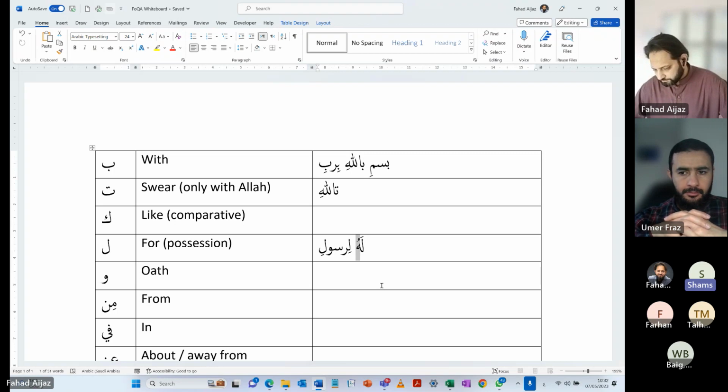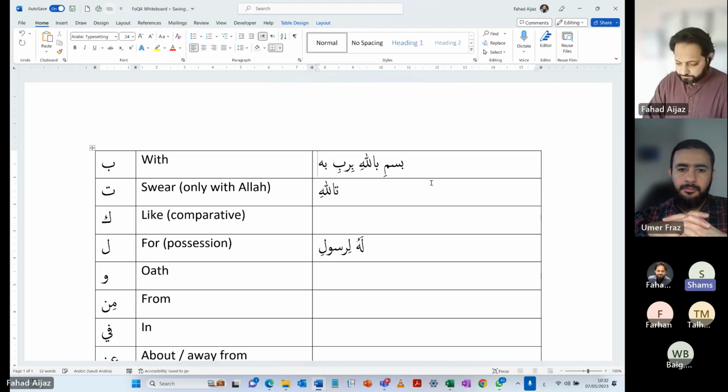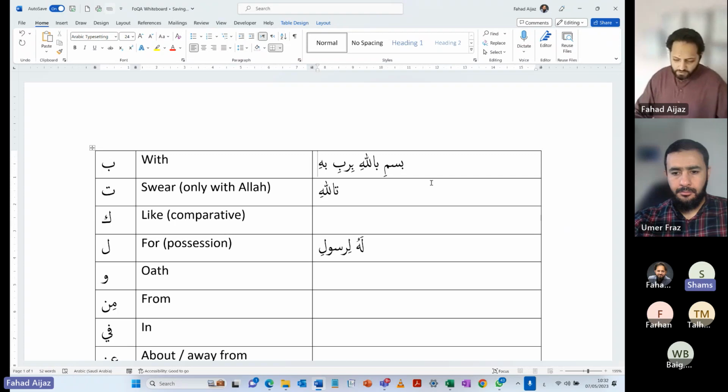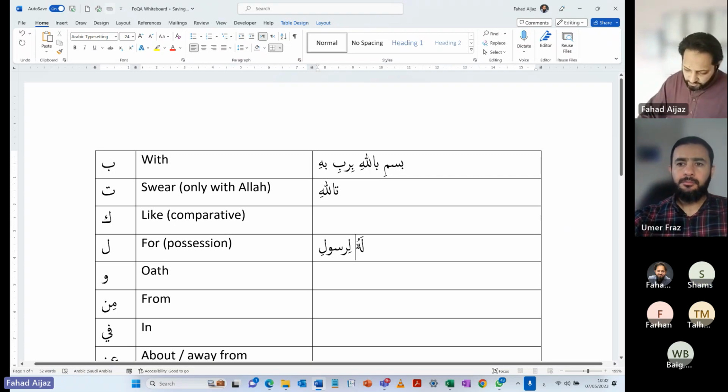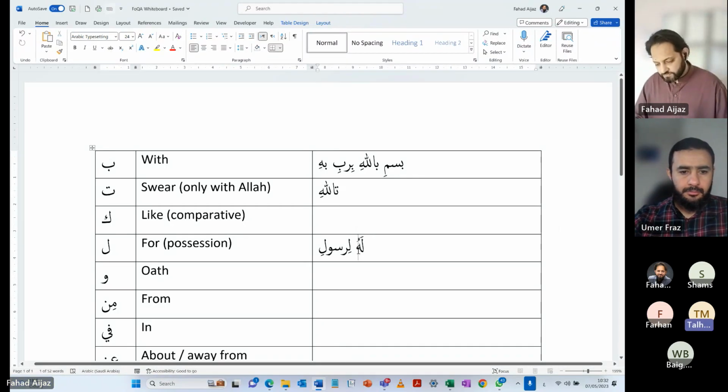When we use the word bihi in Quran, if we use the adjacent pronoun of he, it means with him, right? With him, yeah. Okay. So, to answer your question, who is an attached form of huwa, if you remember. Yes, I got it.